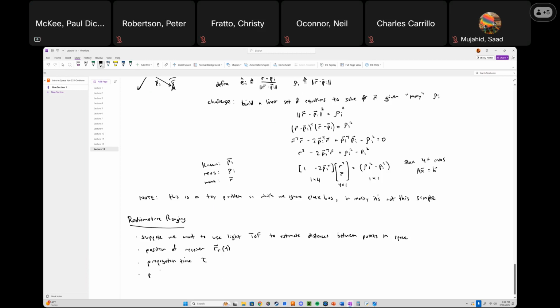Then we have the position of the transmitting antenna. This would be r sub t for transmitter, but this is at t minus tau, right? Because you're not measuring where the thing is right now, you're measuring where it was when it sent the signal. So this is at the time the signal was sent.